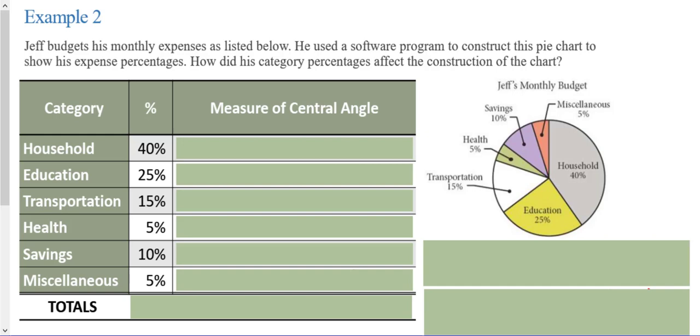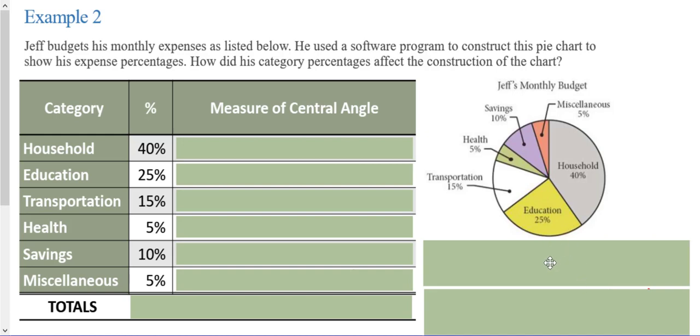So what if we don't have a program to do this for us? Well, then we have to rely on some of our basic geometry skills that we've learned. One of the first things that we should think about is a circle itself. How many degrees is it?